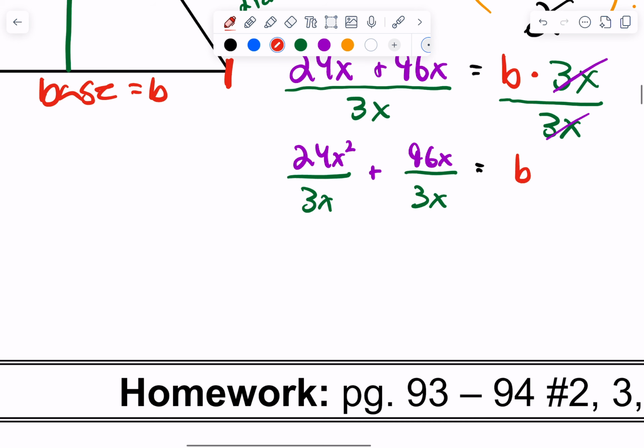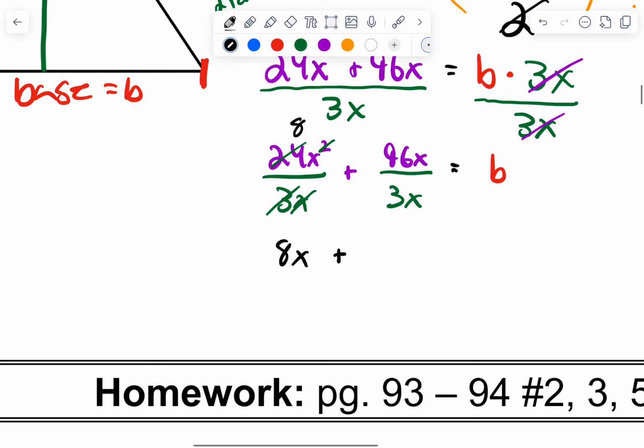So dividing your variables, well, what is 24 divided by 3? Well, this 3 and this 24 will cancel, and you'll be just left with 8. This x and one of these x's will cancel, so you have 8x plus 96 divided by 3. So 96 divided by 3 is 32.